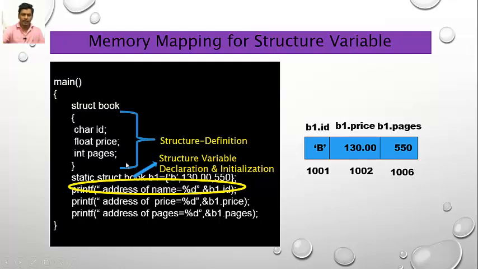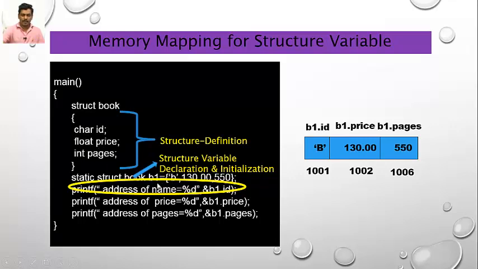That b1 consists of 3 locations: one for the character, the second for the float, and the third for the integer. The location names are b1.id, b1.price, b1.pages. In the structure definition, totally 3 elements are there. Within the structure definition, we declared 3 variables, these are all elements.